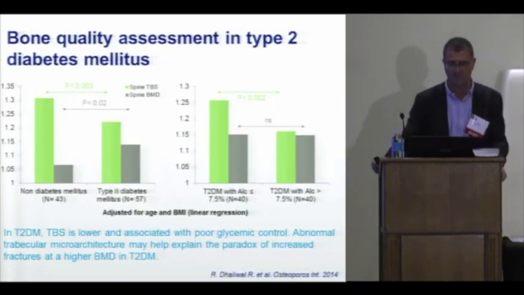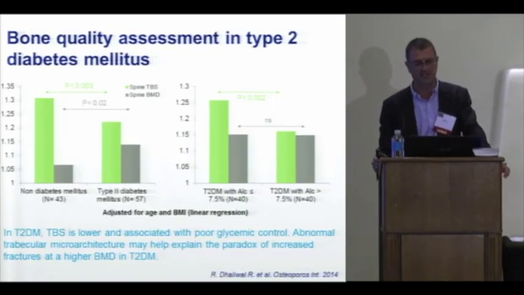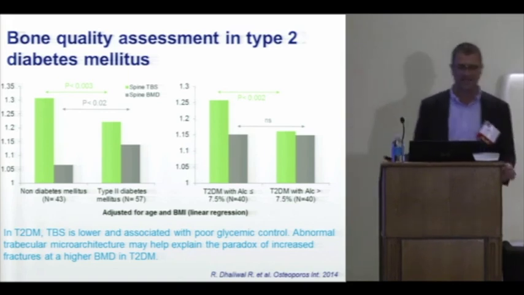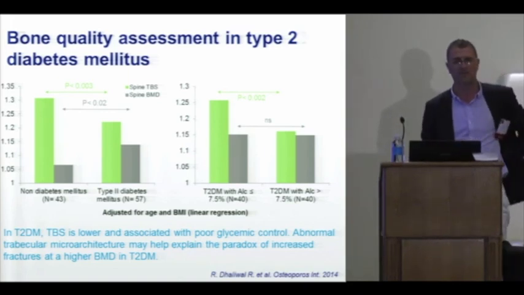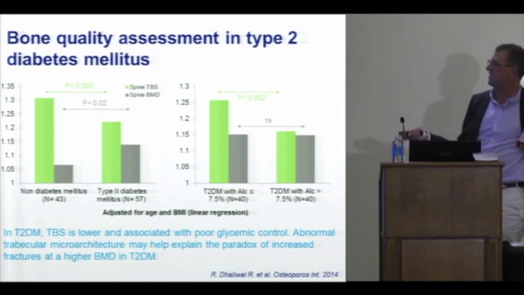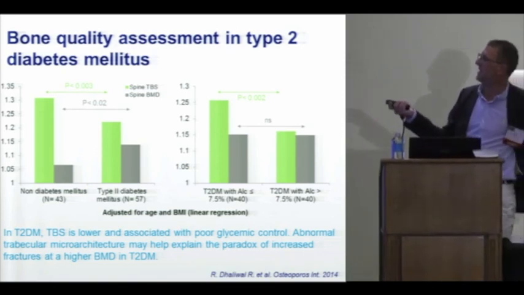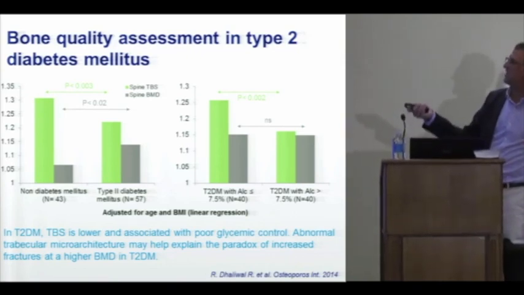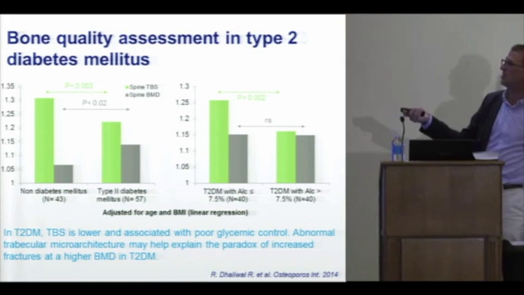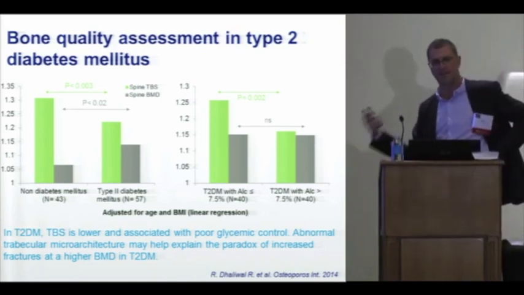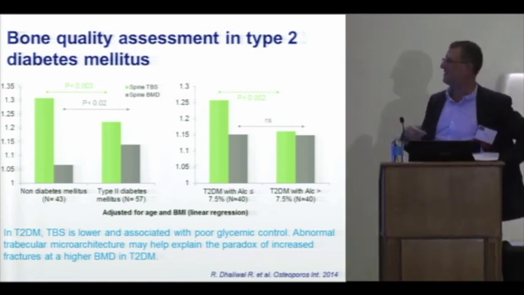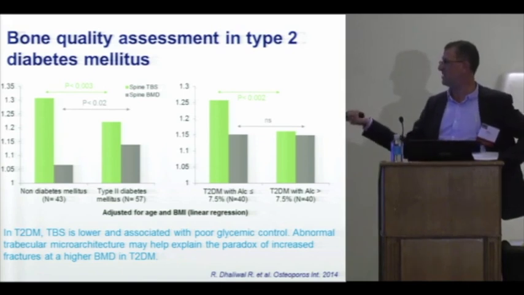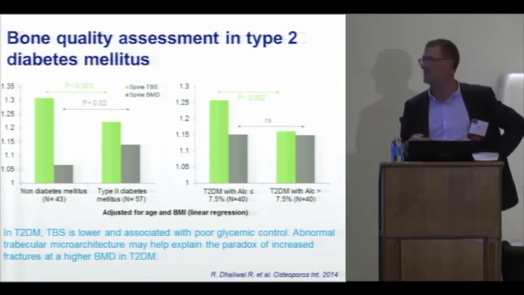Another study presented and published in Osteoporosis International in 2014 is by a group in Syracuse, and it showed exactly the same thing: comparing non-diabetic patients, the spine TBS, and type 2 diabetic patients, you have a significant decrease between those two, even adjusted for age and BMI, and also after adjustment for BMD.